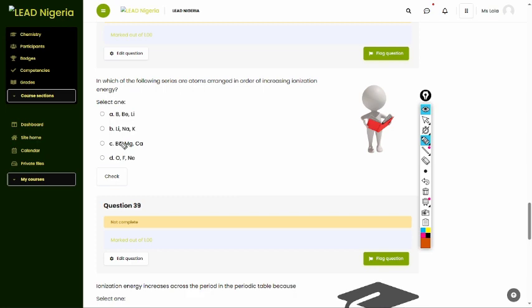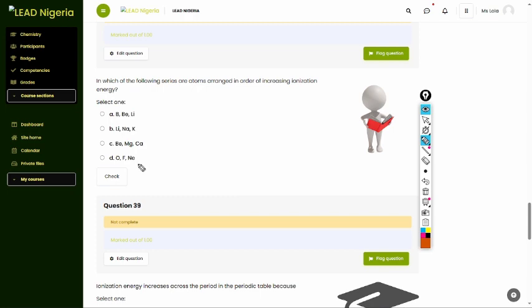So down the group, the ionization energy is decreasing. Beryllium is in period 2, magnesium is in period 3, calcium is in period 4. So as the period is increasing, the energy required to knock off the electron is decreasing. So this is a decreasing order of ionization energy.